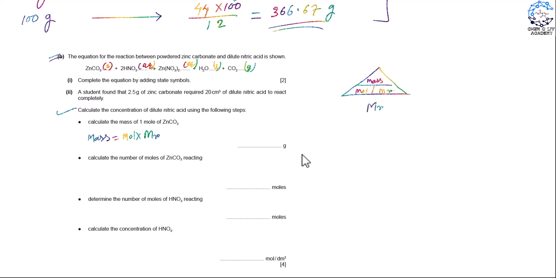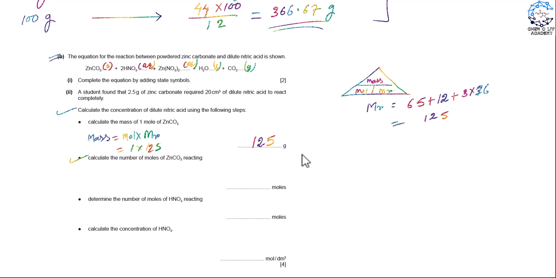Mr of zinc carbonate will be equal to the mass of zinc, 65, plus mass of carbon, 12, plus mass of oxygen, 16 into 3, which all together gives 125. So 125 gram, 1 mole. I'll put 1 into 125. I hope it is clear.